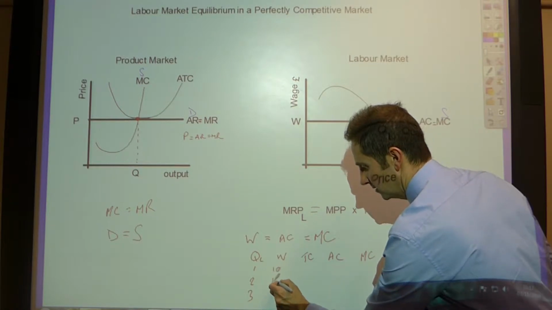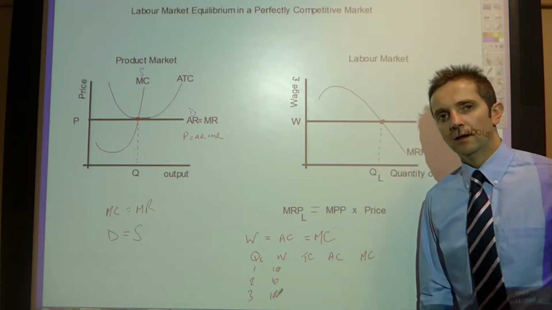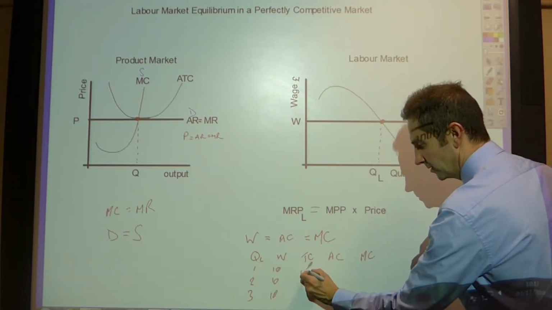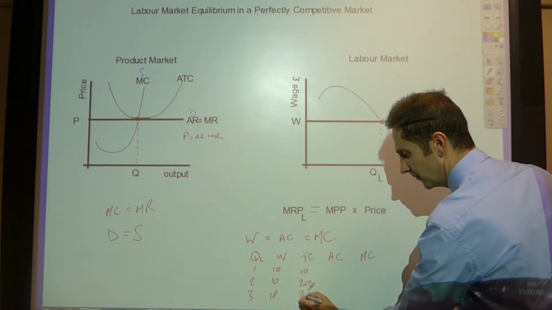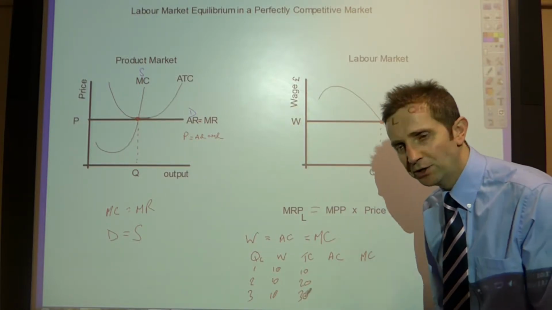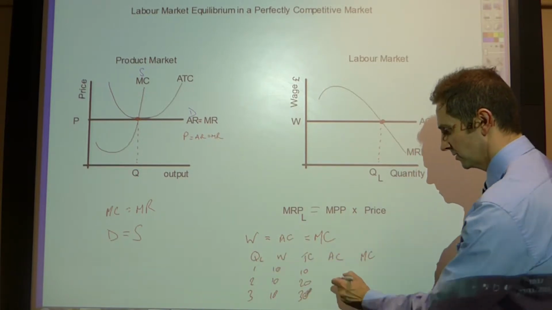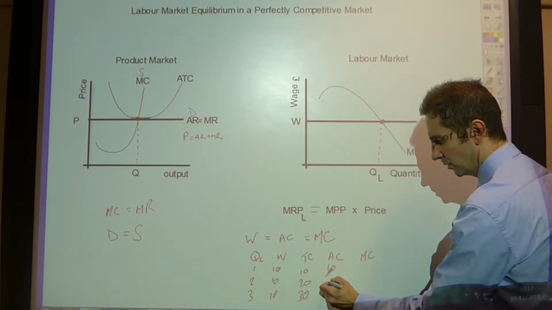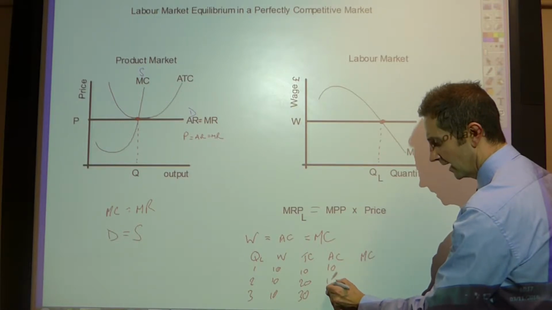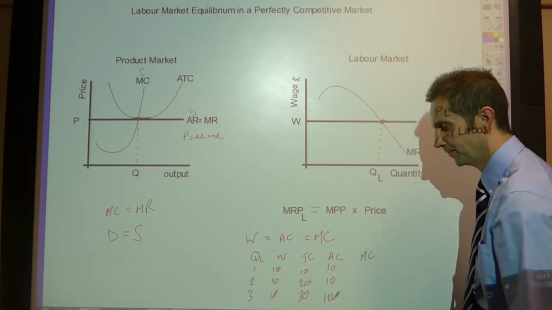So 10, 10, 10. What would the total cost be here? 10, 20, 30. What would the average cost be? That would be the total divided by the number of units. So that would be 10, 20 divided by 2 is 10, 30 divided by 3 is 10.